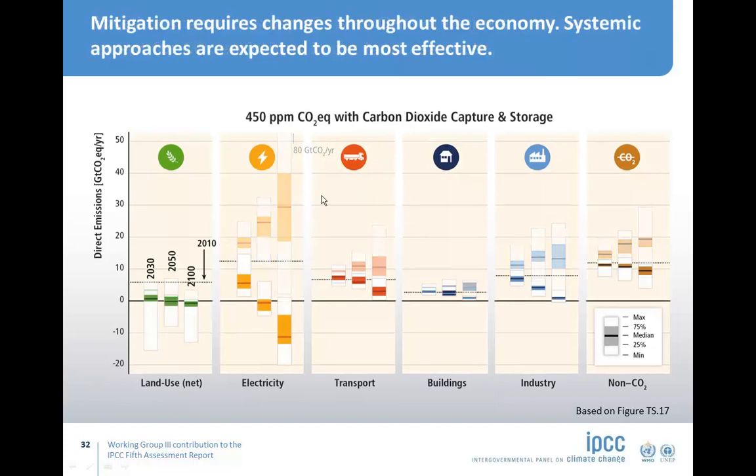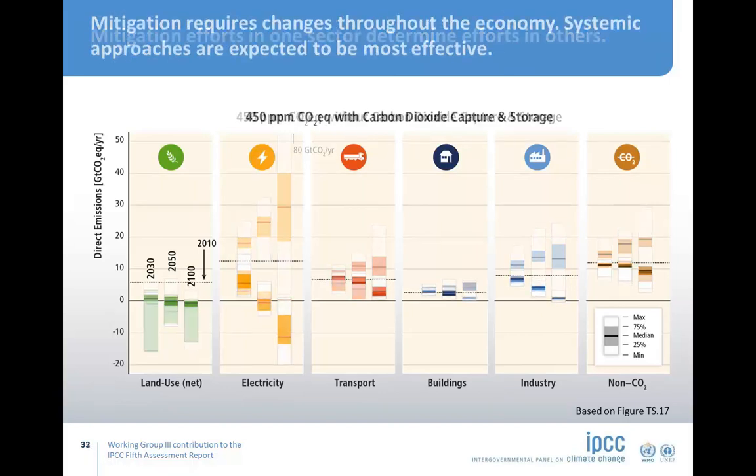And if we look at our 2-degree scenario, we look at buildings again, we need to be reducing our carbon emissions very close to zero. Okay? The electricity production has to go into the negative carbon. So in other words, carbon capture.